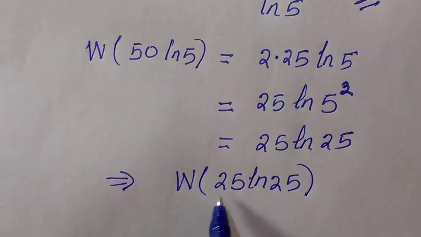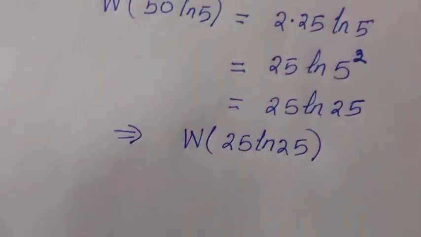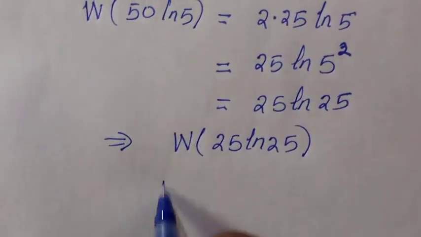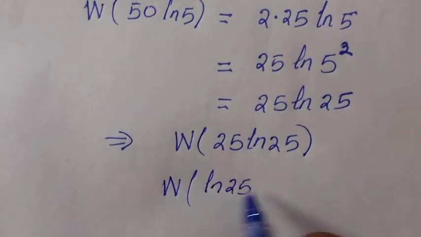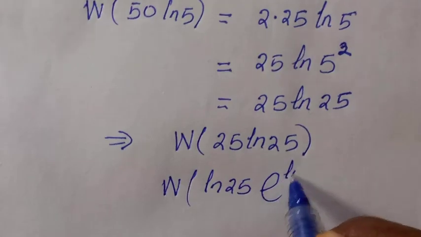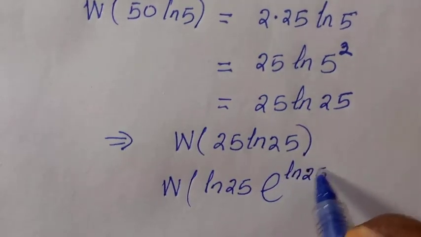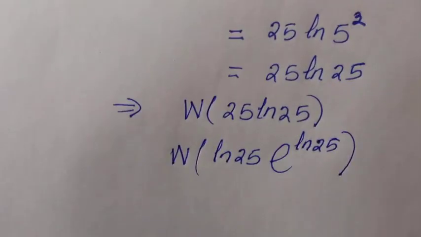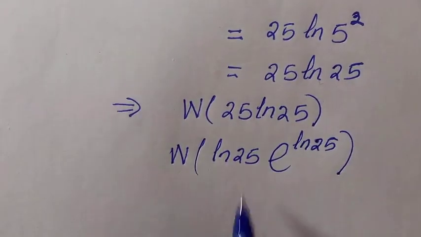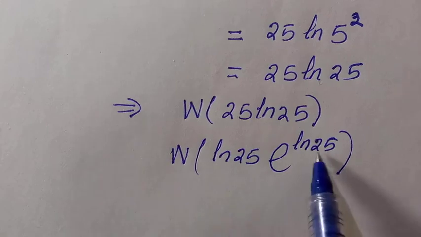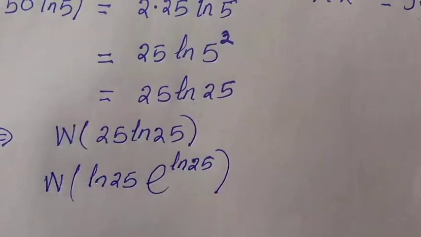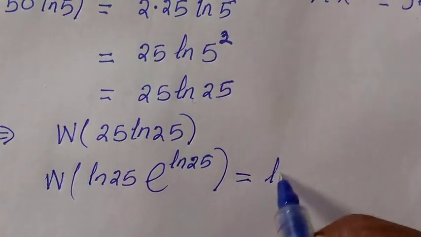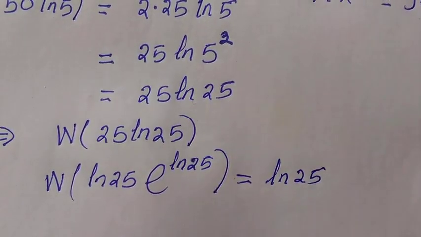This 25, if I introduce exponential and ln to this, what we will have is omega of ln 25 here, then we have exponential of ln 25, which is amazing. So we have ln 25 here, and we still have ln 25, which is another constant of ln 25.